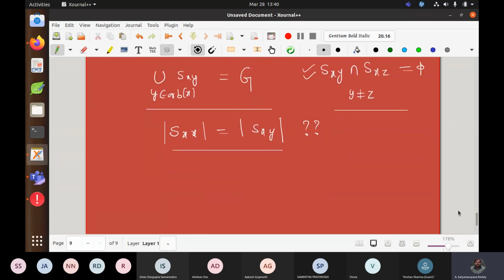So you will appreciate that proving on your own may be helpful, because this is the main result. So from this, what do you get? Assume that you proved it. Sakshi, can you tell me?